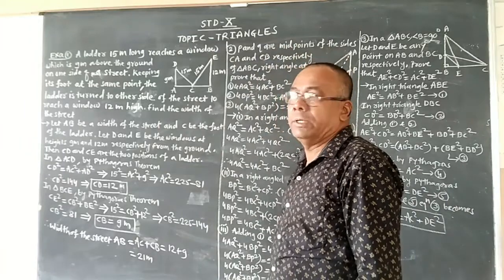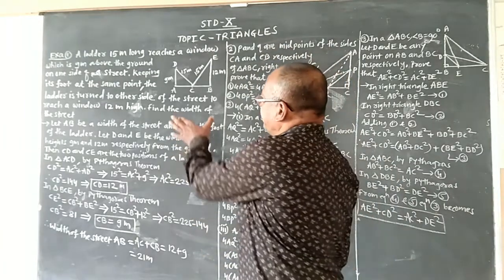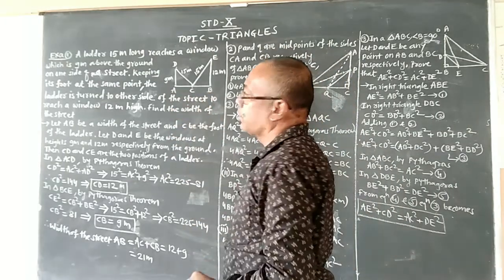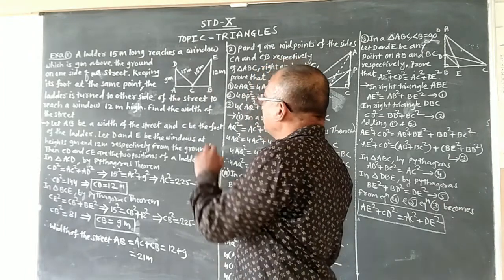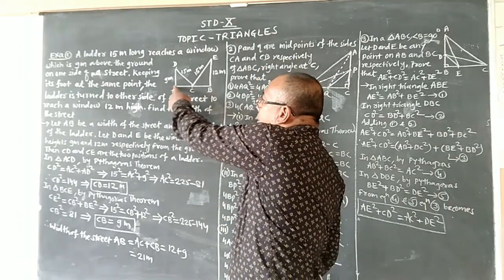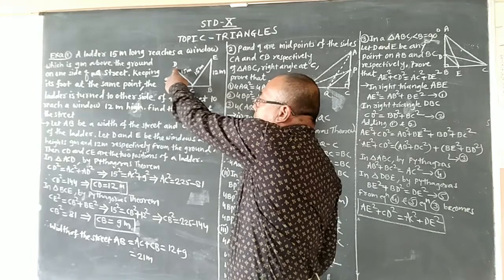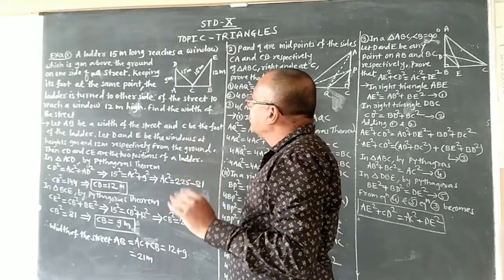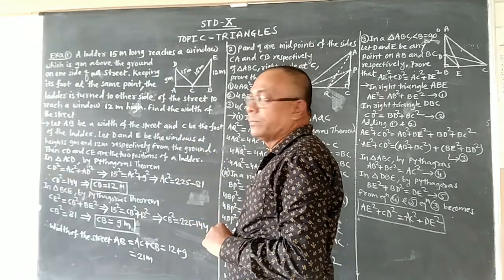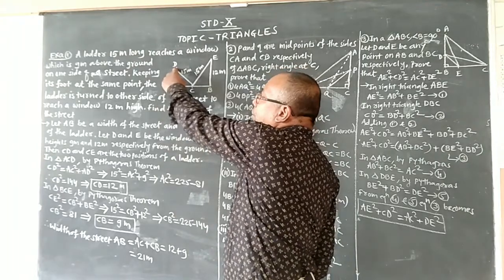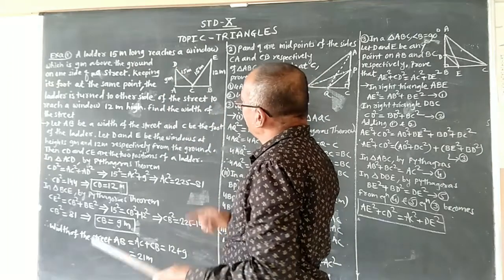If we observe the figure, it is seen that AB is the road and AD is the height of the building, and D is the window of that building.